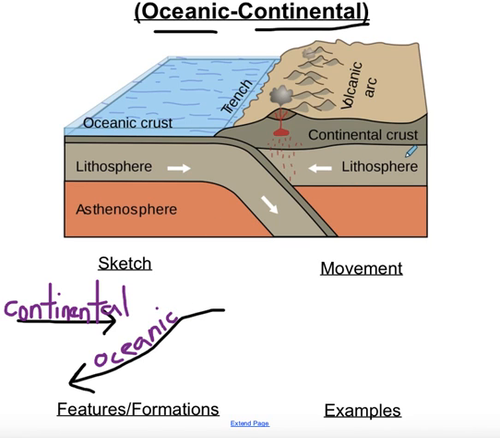Okay, you can see it up in this picture. The oceanic crust is going to sink below the continental crust, which will go straight. The oceanic subducts under the continental because it is more dense.